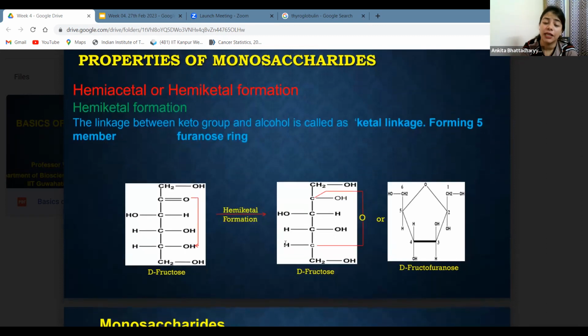Then comes hemiketal. In ketal, as the name indicates, there must be involvement of a keto group, which is the point of differentiation from hemiacetal. So a keto group and an alcohol form a ketal linkage with each other.